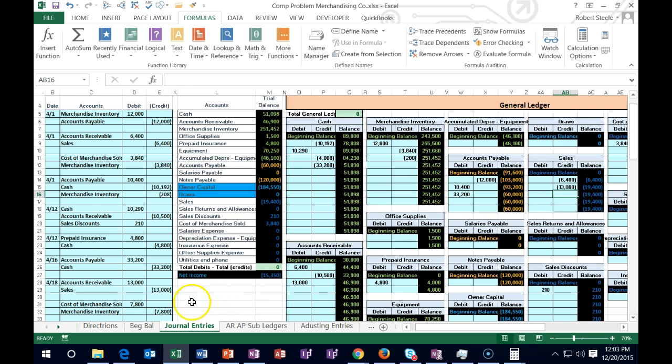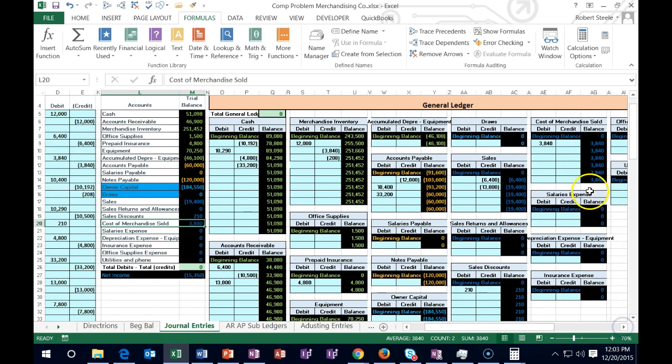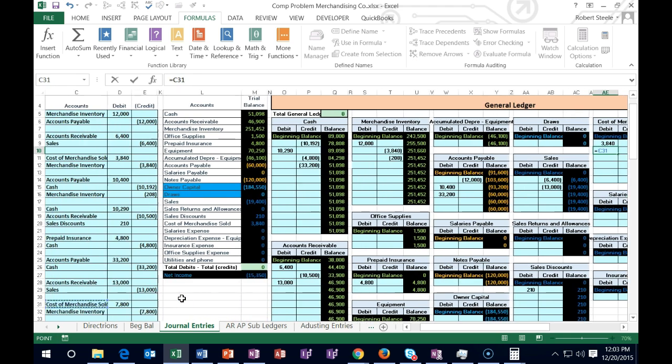All right, now we're going to post the other half of it. Cost of goods sold here. Cost of goods sold is down here. Cost of goods sold on the general ledger then will be over here just a little bit over on this side. And it's going to generally be all debits because it's an expense account. I'm in AE10 equals, I'm going to put my cursor down and I'm going to press the left arrow a couple times so I can see the full journal entry and then point to that 7.8.